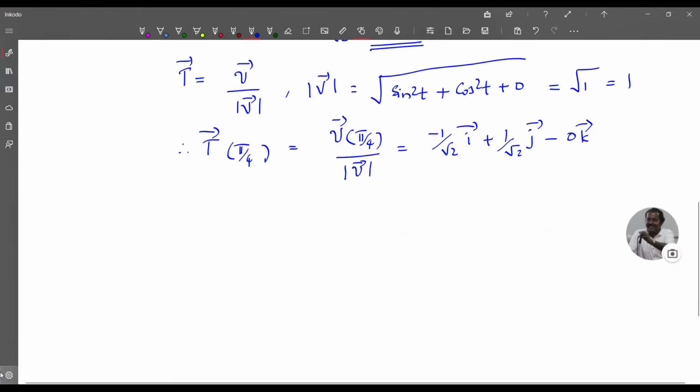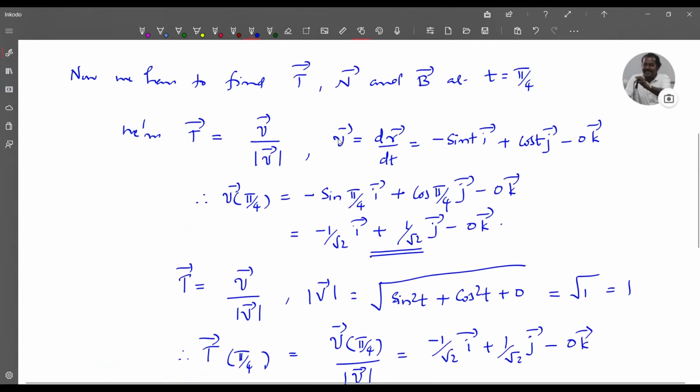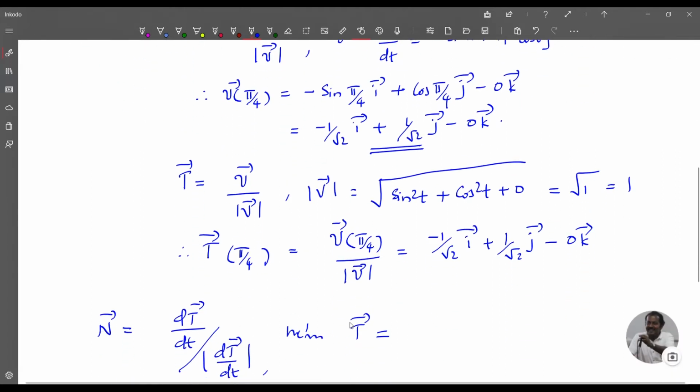Now we find n. We have n equal to dt by dt divided by modulus of dt by dt. We have t equal to v by modulus of v at t. So you know that v is minus sin t i plus cos t j plus 0k, divided by modulus of v, which is 1.